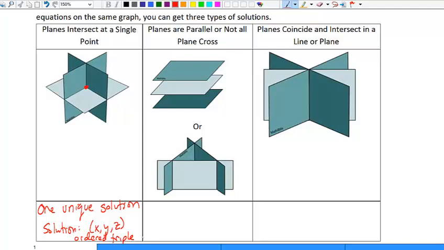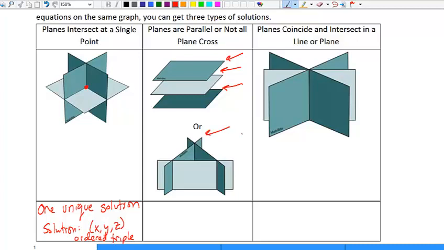Those are the ones that we've already covered in the previous lesson. The next two are the ones that we're going to be working on today. The second choice is if planes are parallel or they cross, but they don't all three cross at any common points. They can either be parallel, like the first case where the first plane, the second plane, and the third plane are all parallel and have nothing in common, or two of the planes intersect but the third one doesn't intersect at the same spot.